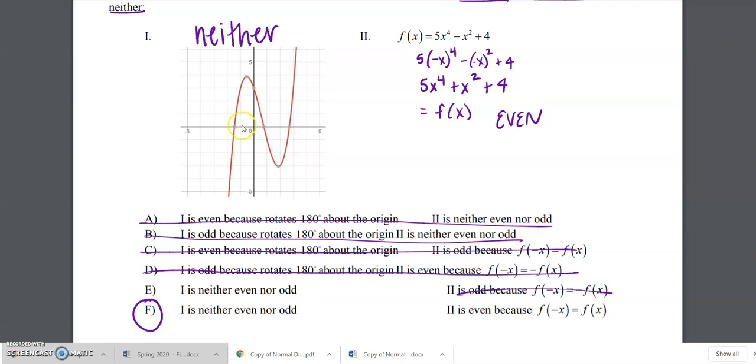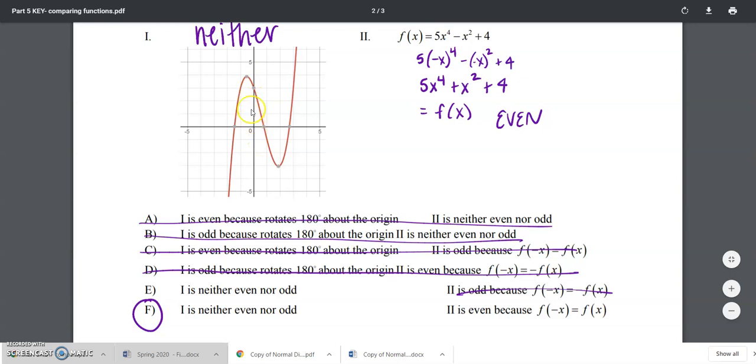So if you reverse this x and this y and you don't get a point that is on this graph, so if we say here this would be 1.5 comma 0, I should be able to go to 0 comma 1.5 and find that point on my graph. That doesn't happen. So it's not an odd function.